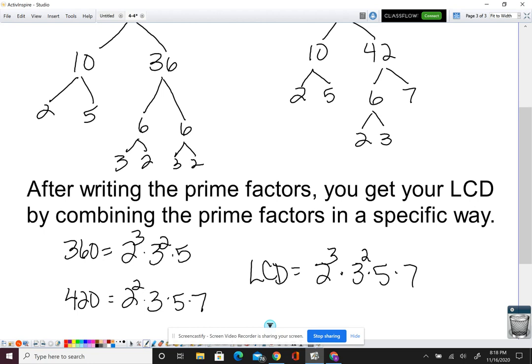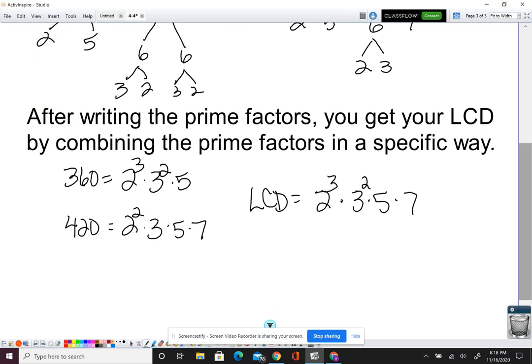We don't have any 7 here, but if it's in one of the factors, it has to go into our LCD. So our LCD for this number is 2 to the third, which is 8, times 3 squared, which is 9, times 5 times 7. So 7 times 5 is 35. 8 times 9 is 72.